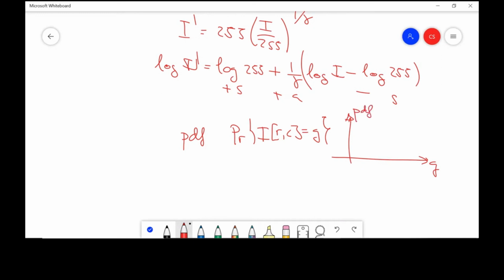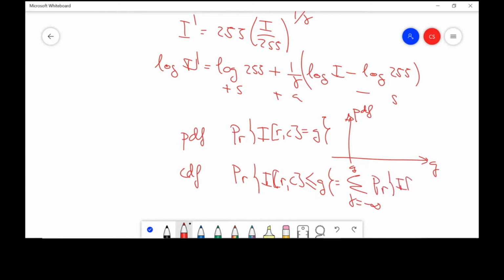And the cumulative distribution function is the probability that I[r,c] is smaller or equal to g. Remember that the square brackets denote discrete signals. So this is the sum over gamma from -infinity to g of the probability of I[r,c] taking the value gamma. And this definition is only for discrete signals.